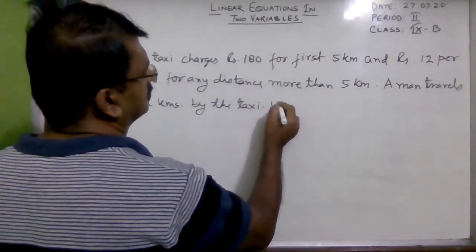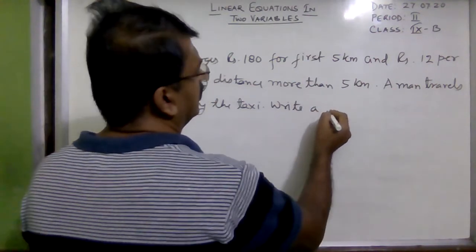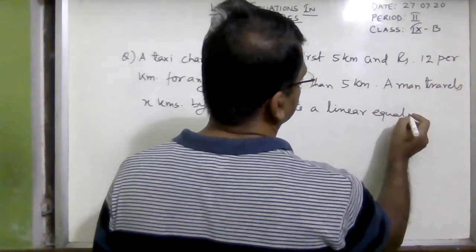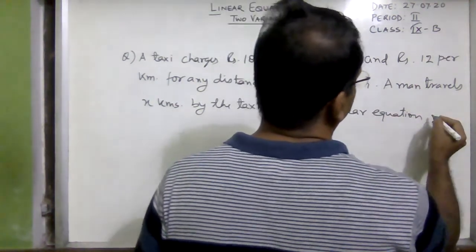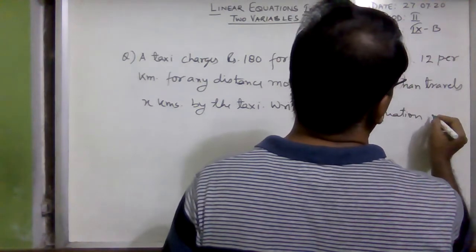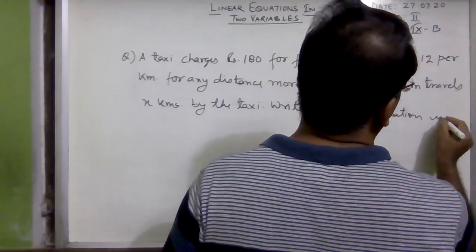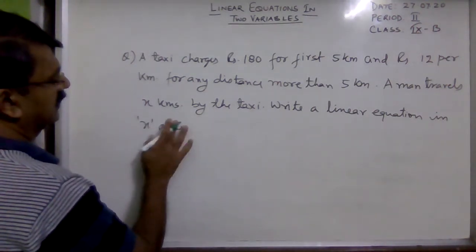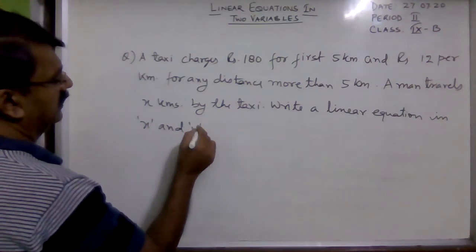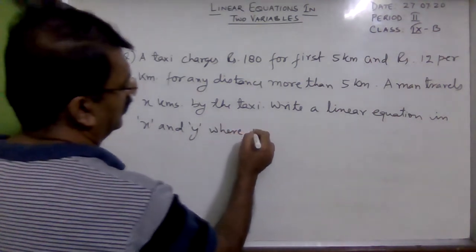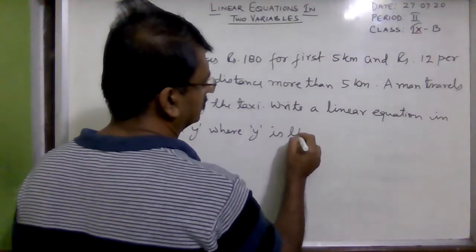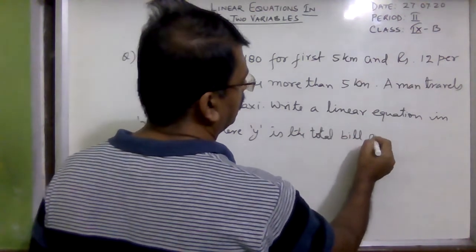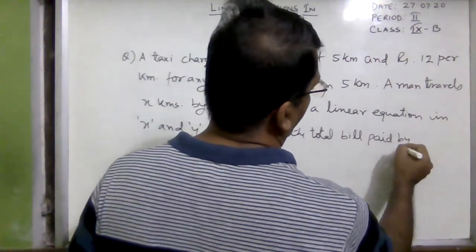Write a linear equation in X and Y, where Y is the total bill paid by the man.